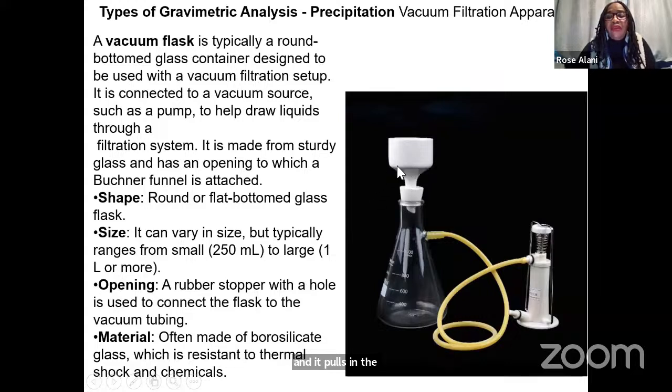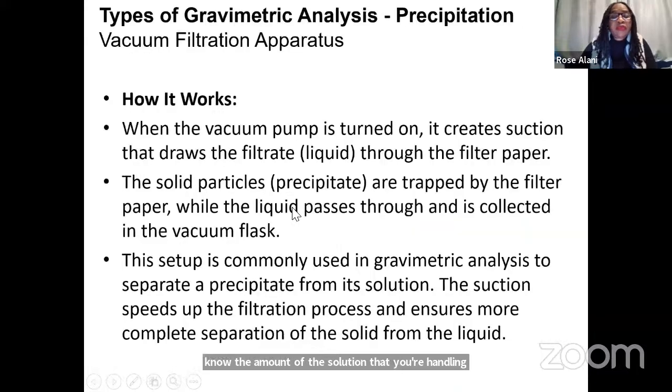So you have your precipitate on the filter that is in the Buckner funnel, and the filtrate, the liquid, goes into the vacuum flask. That is how it works. And that's why I say the amount of solution that you're handling will determine the size of the flask that you use. So what I've just explained to you is what you see here on this slide.